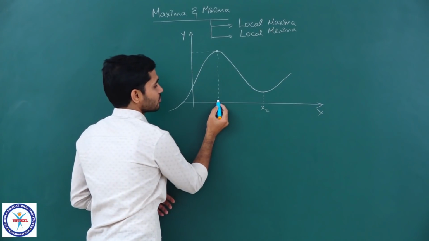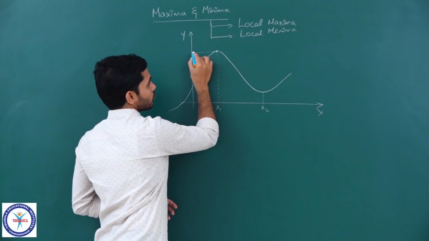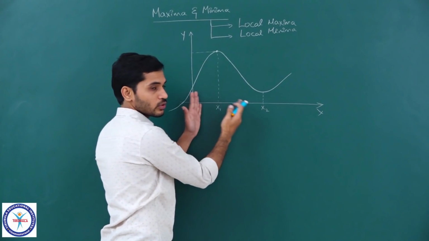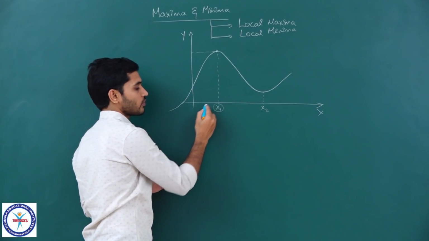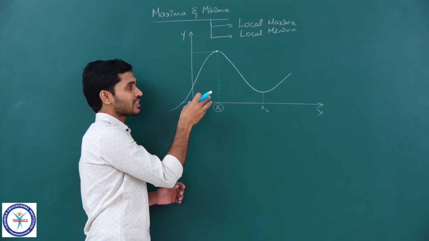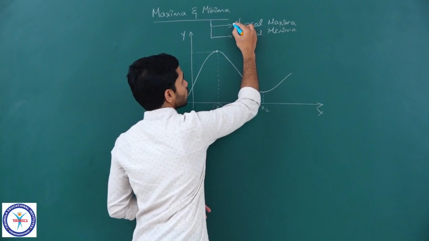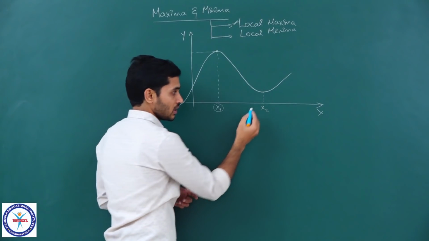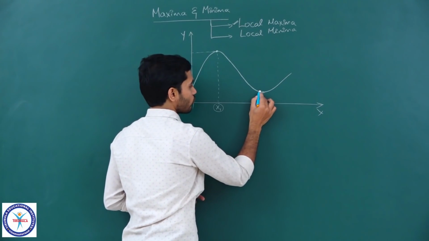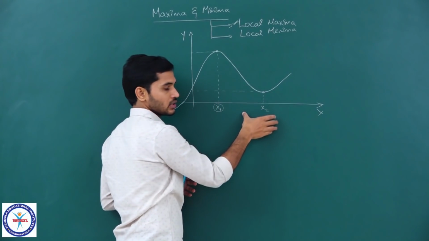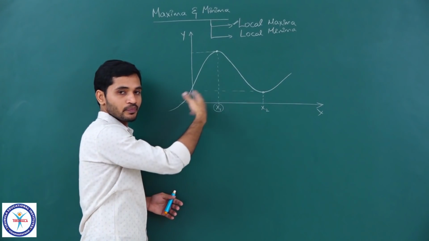For example, this value of the function is the maximum in the neighborhood of that particular value of x. So it is the maxima in that locality. Do you understand that? That's why we call it local maxima. Similarly, this value of y is the minimum in this locality. It might not be the overall minimum.